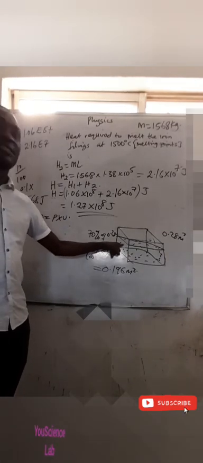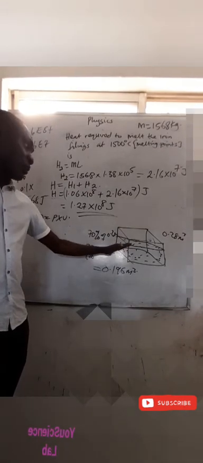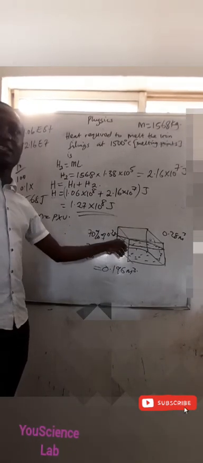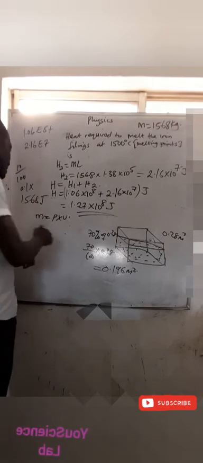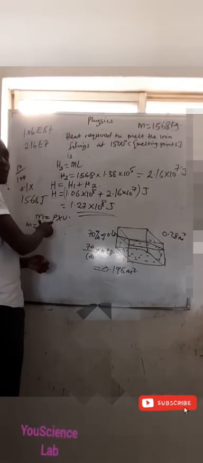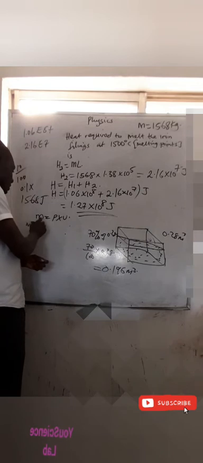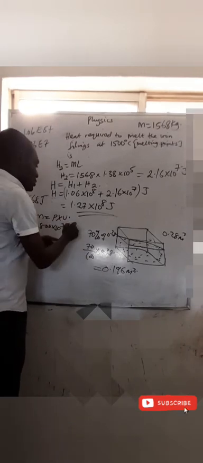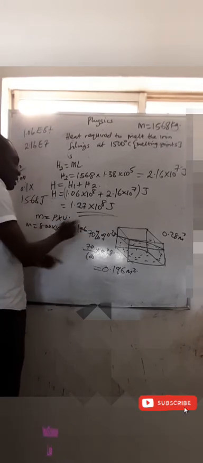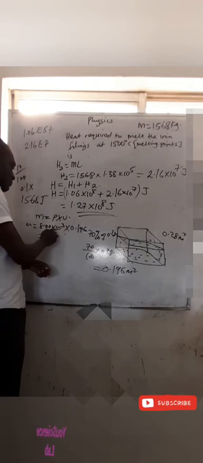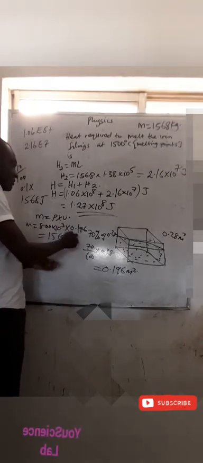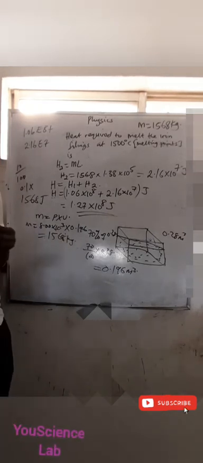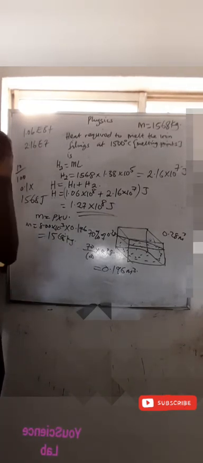The total mass of 70% inside this box was calculated as mass equals the density, 8.00 times 10 raised to power 3, times the volume, 0.196. So we arrived at 1568 kilograms, right?